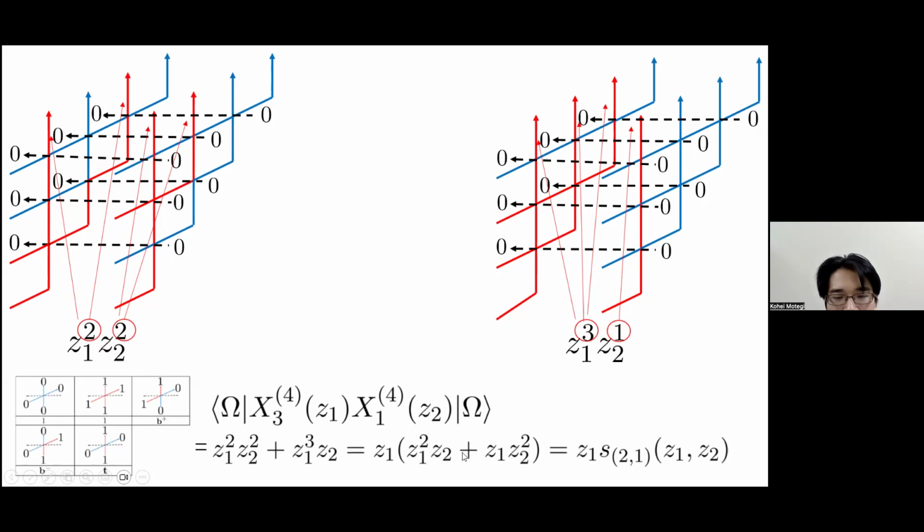And actually, this is z1 times the Schur polynomial with Young diagram given by (2, 1). So this is an example of this second construction.